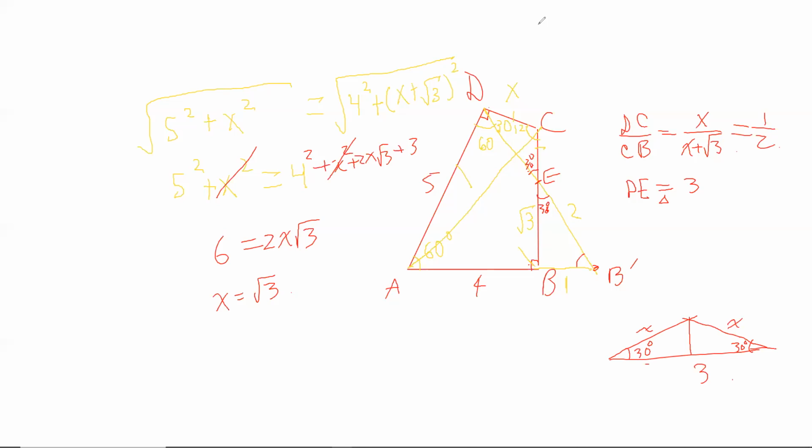Now this part is 3/2, yes? And now you use the 30, 60, 90 triangle here again, yes? You know that this one is 1/2 of x, because the opposite side is 1/2 of the hypotenuse. So therefore x equal to root 3, okay?